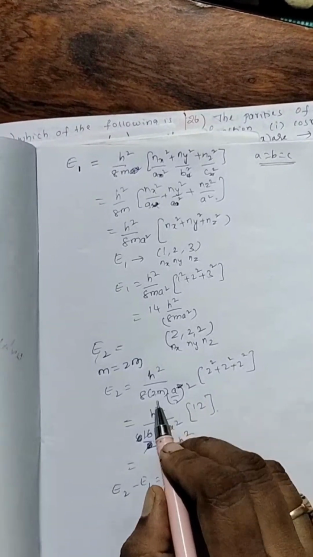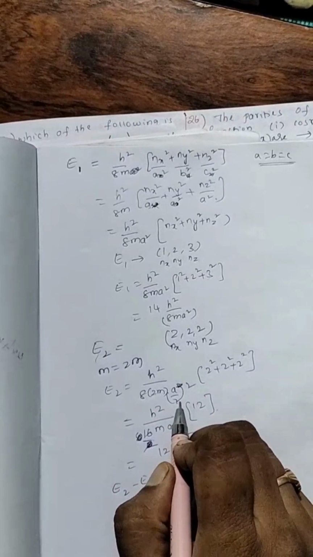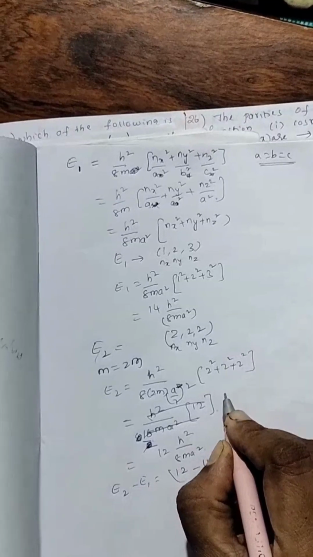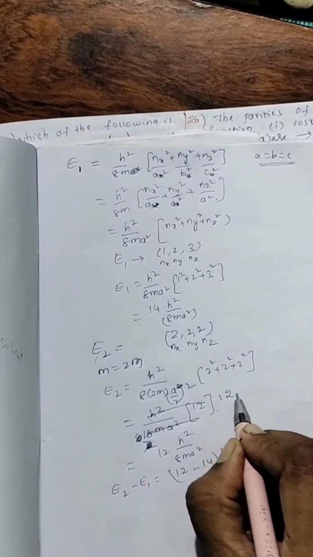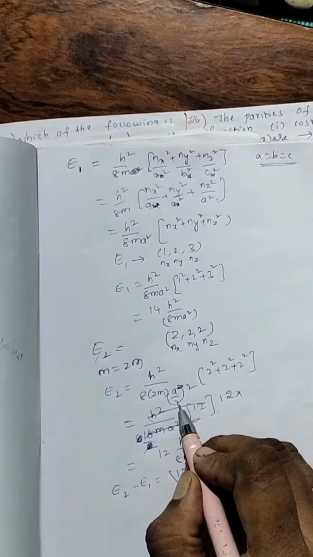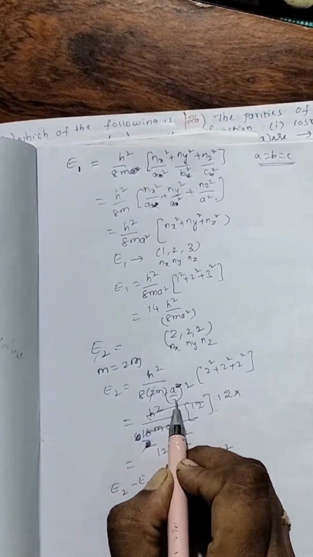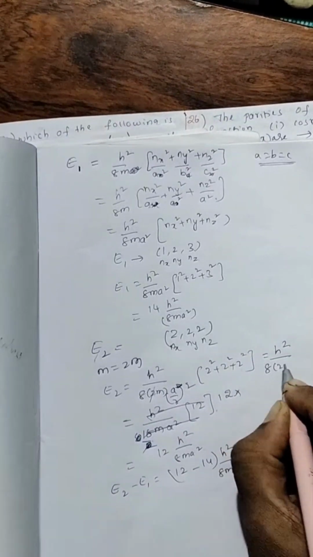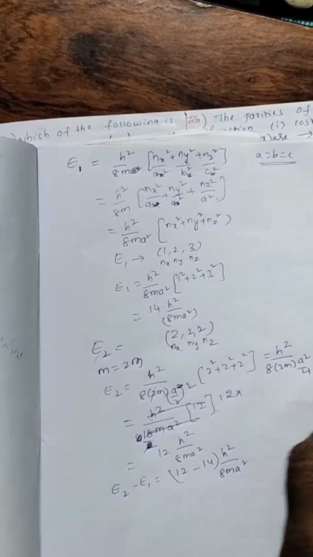Here we will get 12 into this 2 square, 4. Here I will write h square by 8, 2m a square by 4 into 12.